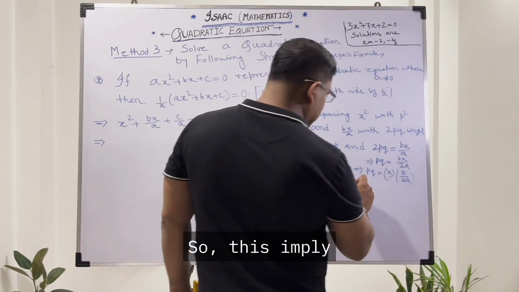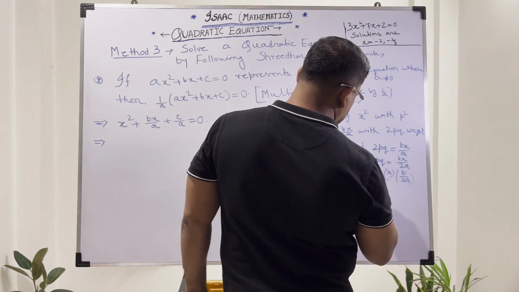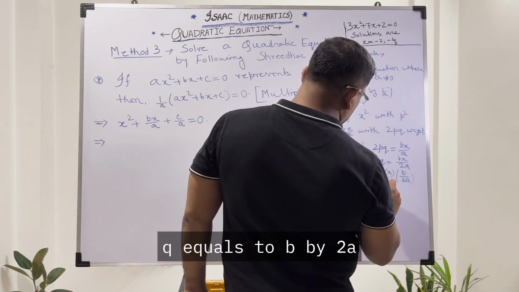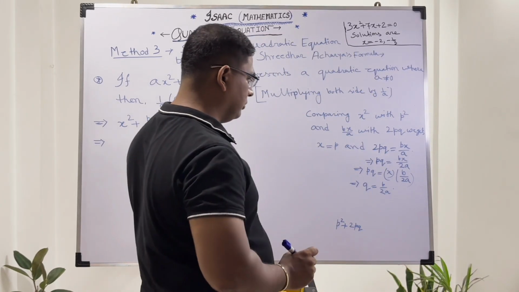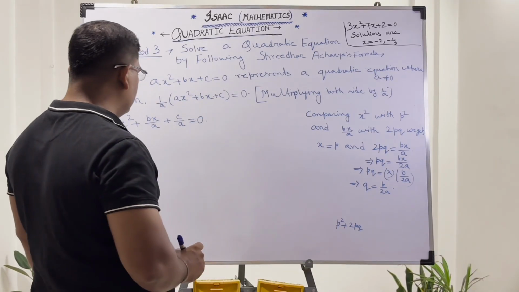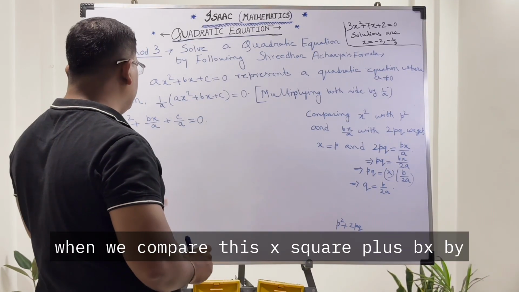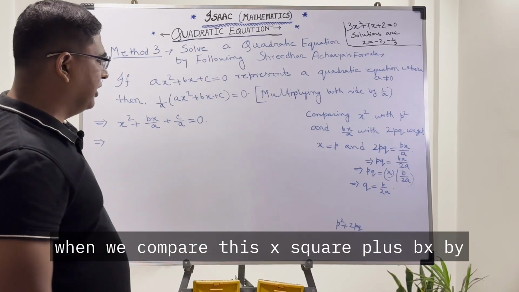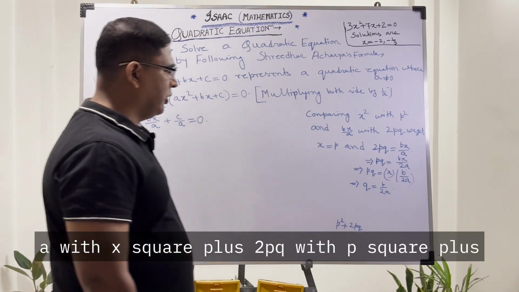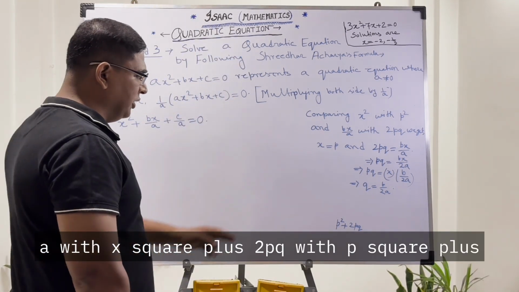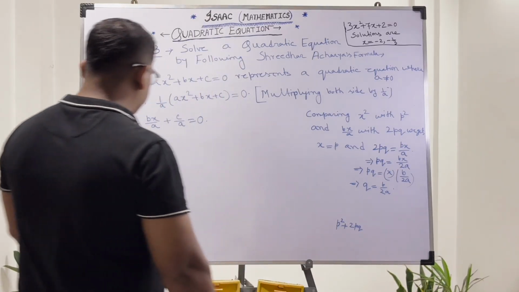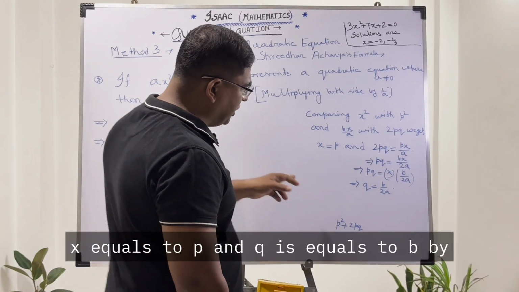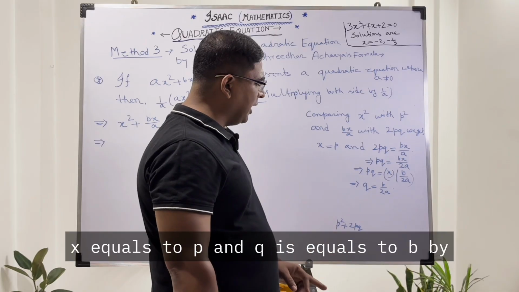So this implies q equals b/2a. So when we compare this x squared plus bx/a with p squared plus 2pq, then we get x equals p and q equals b/2a.